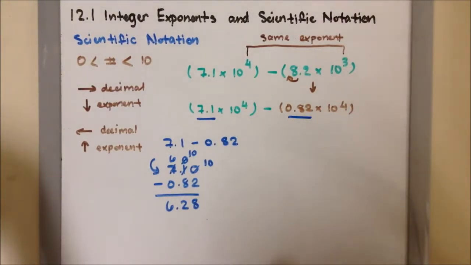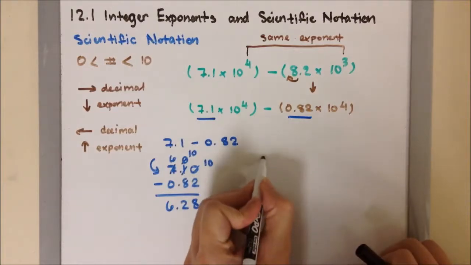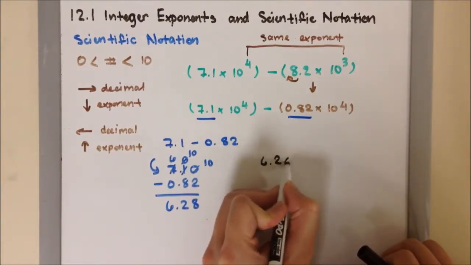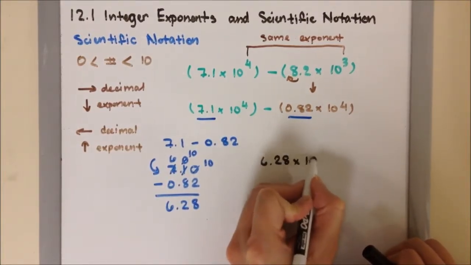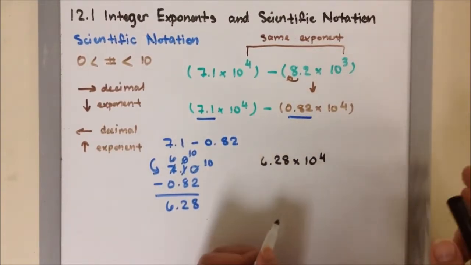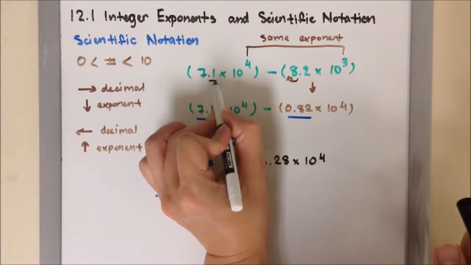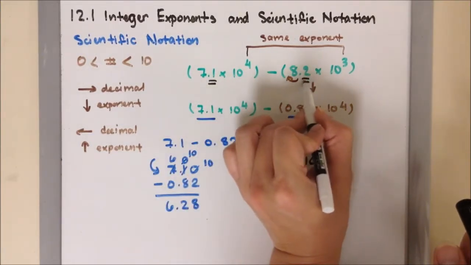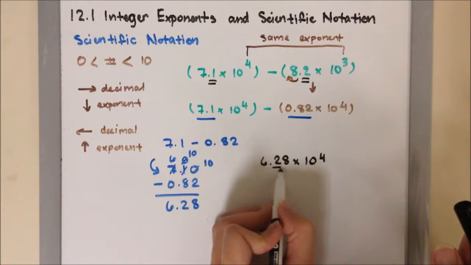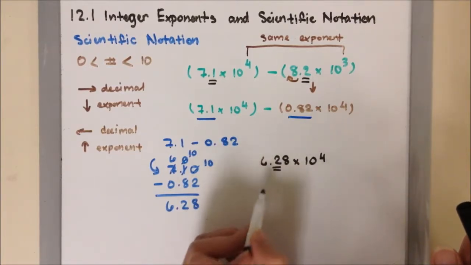So my answer is 6.28 times 10 to the 4th power. Now, again, I have to check my original problem has the least amount of decimal places, which is 1. So I need to have 1 decimal place in my final answer.